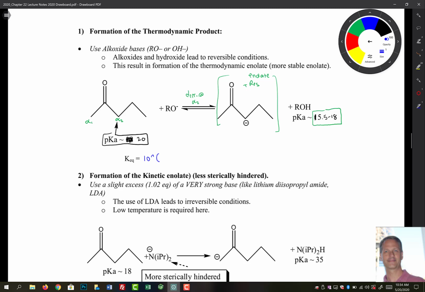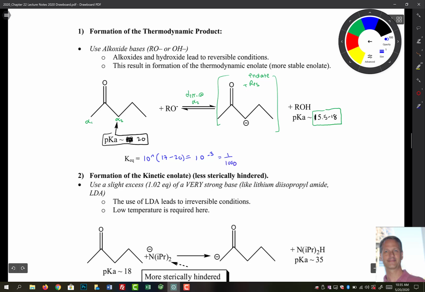So it's product acid, so we'll call that maybe 17, just to pick a number that falls somewhere between that, minus 20. So the Keq for this is equal to 10 to the minus 3, right? This is 1 over 1,000.